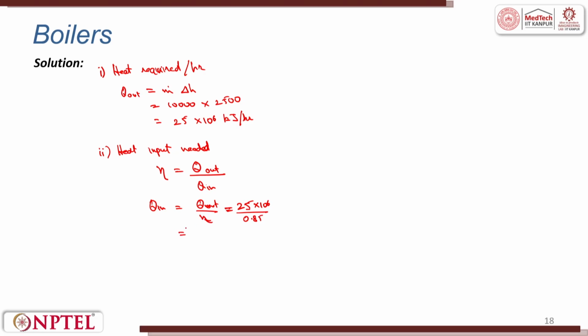This value turns out to be 29.41 into 10 raised to power 6 kilojoules per hour heat input. Then it asks about the coal required, the coal consumption.